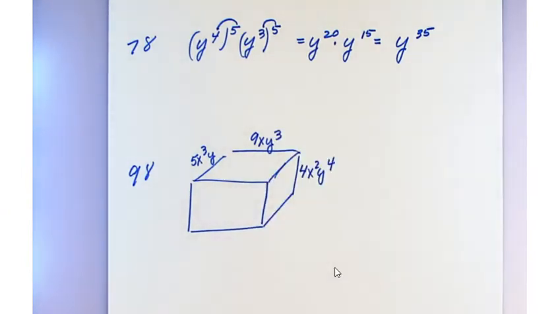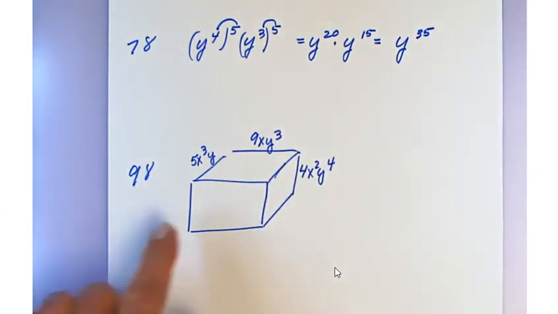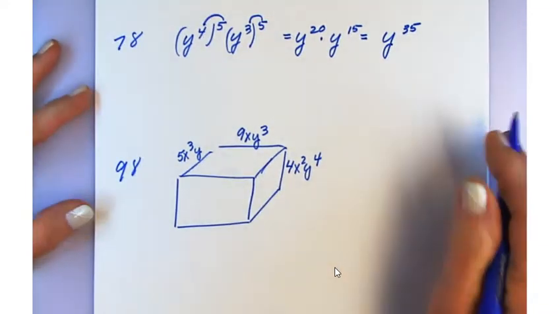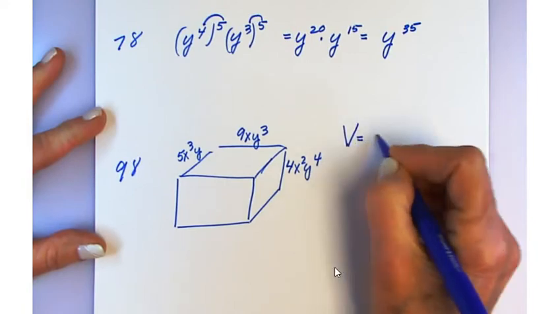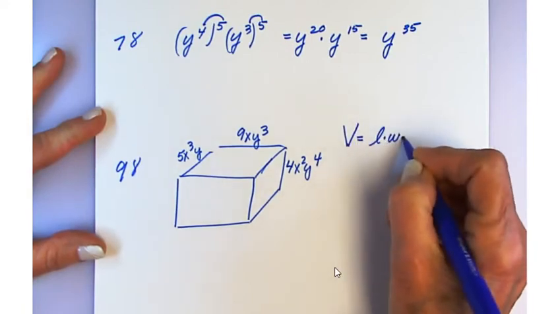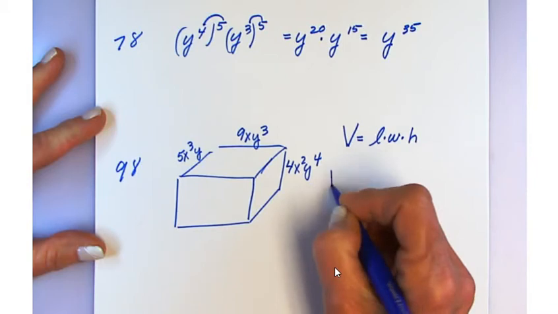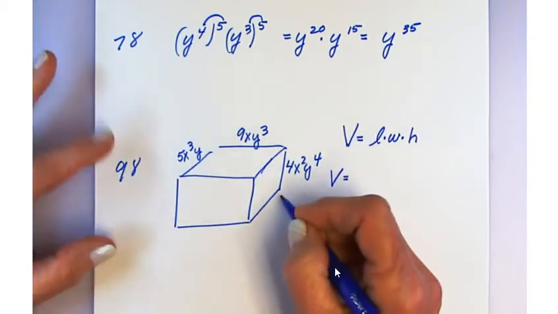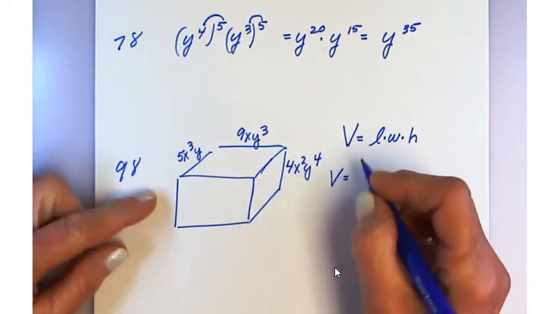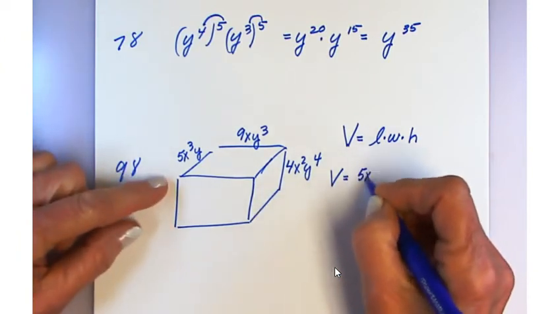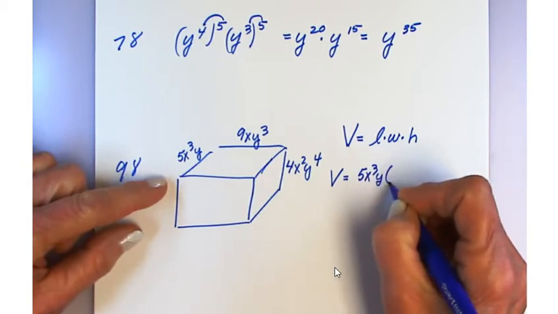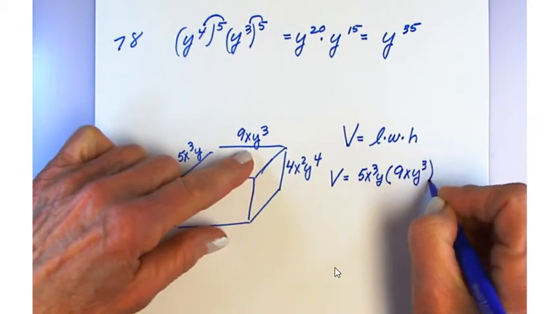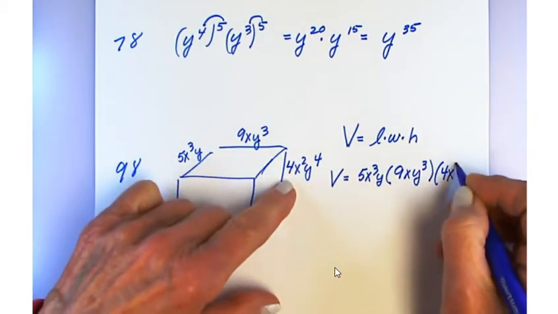So let me check to make sure I have these copied correctly. I do. And remember, I will give you the volume. Volume equals length times width times height. So my volume is going to be whatever you choose to be your length here. So I'm going to have 5x cubed y. My width is 9xy cubed, and my height is 4x squared y to the 4.